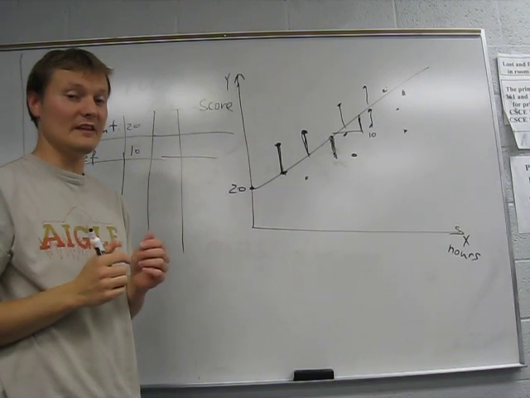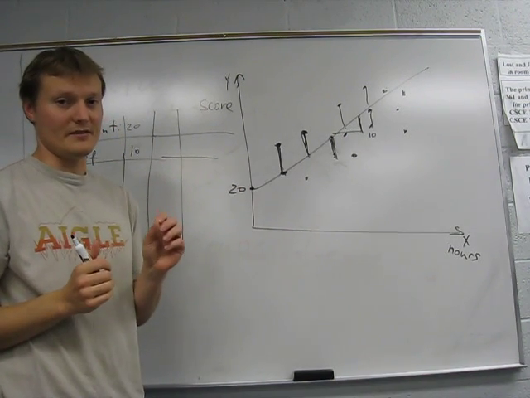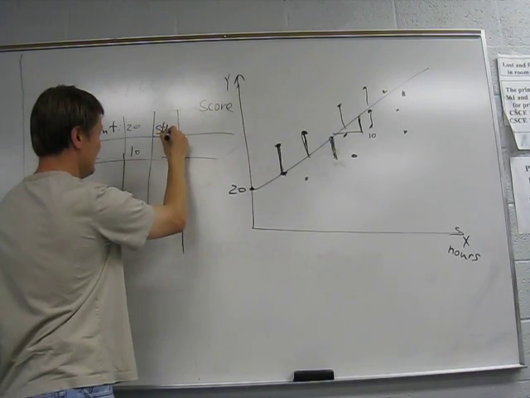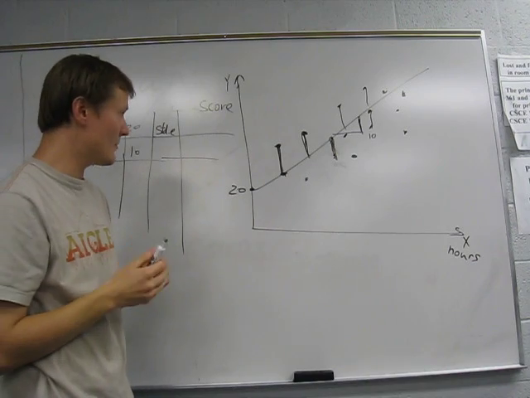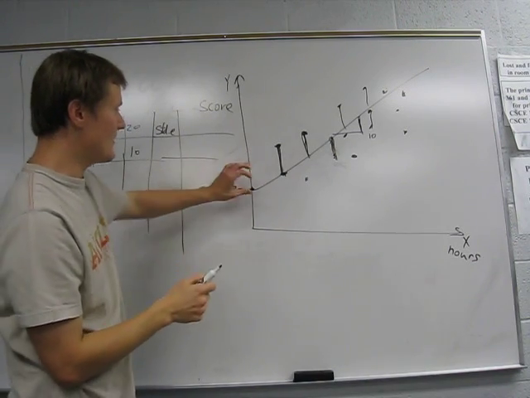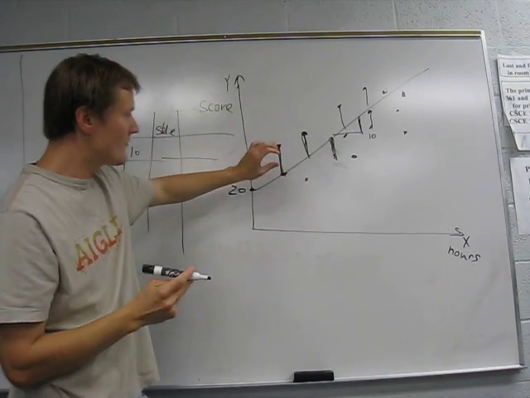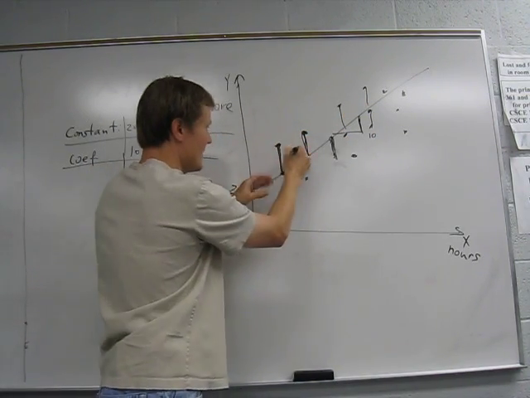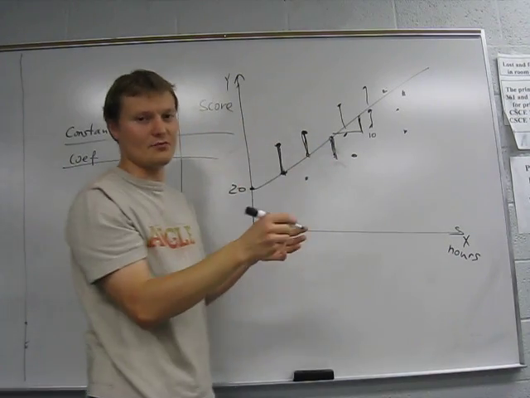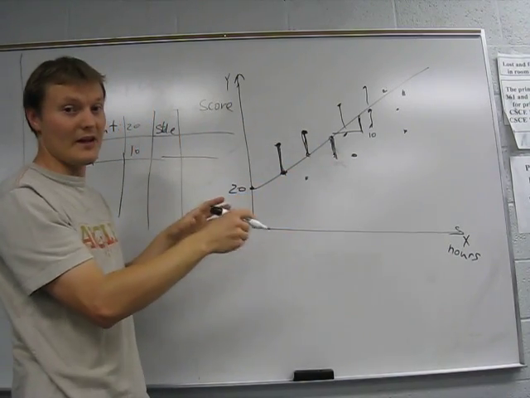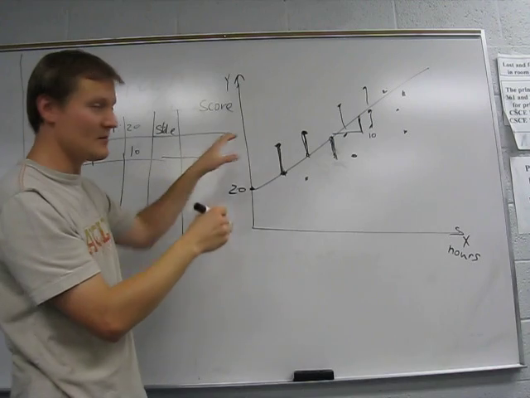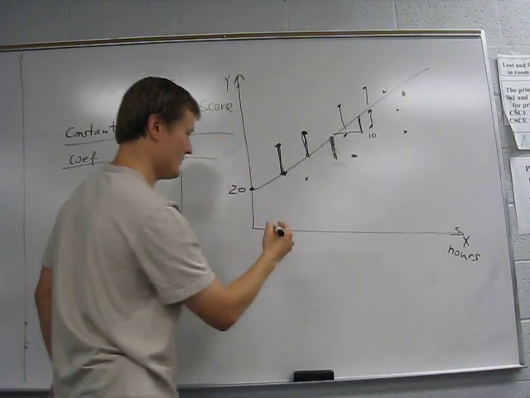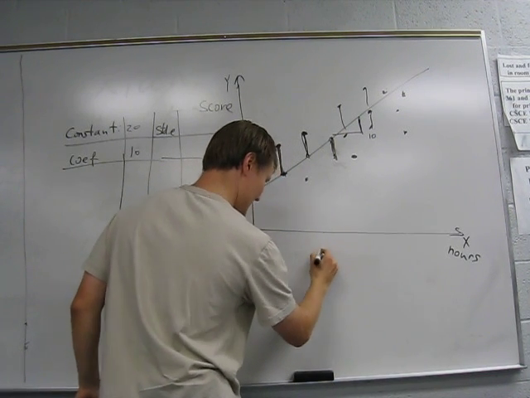Another thing they'll give you is your standard error. The way you calculate standard error is, remember, you take the sum of all those values, square each one, and sum it all up. Later you divide it by the number of observations minus 2 and take the square root of that.